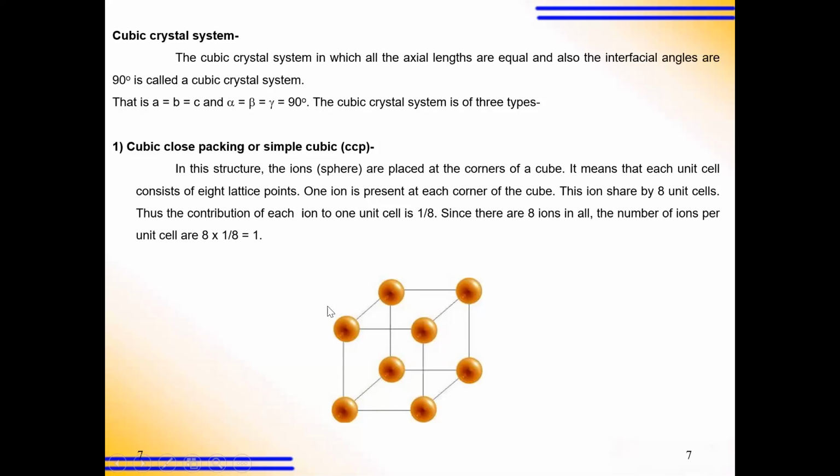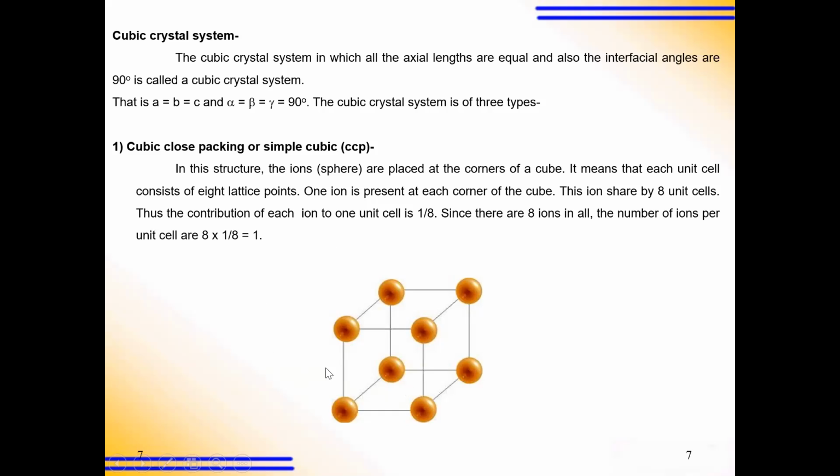So the contribution of each ion in one unit cell is 1/8. प्रत्येकाचं शेअरिंग किती आहे, तर 1/8. म्हणजे 8वा भाग हा या युनिट सेलमध्ये असतोय. Okay, so if it is 1/8, and there are 8 ions, then the number of ions per unit cell is 8 into 1/8 equals 1. म्हणजे 8 आयन्स असतील, तर प्रत्येकाचा 8वा भाग शेअर होतोय, म्हणून 8 into 1/8 केलं तर आपल्याला 1 आयन मिळतो.